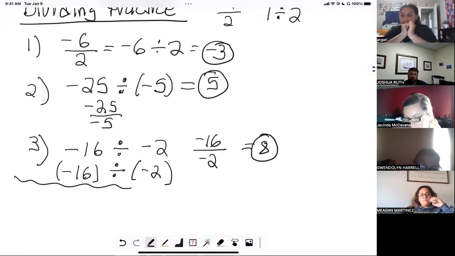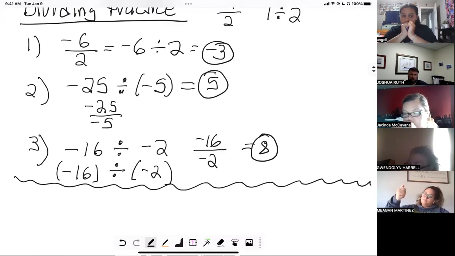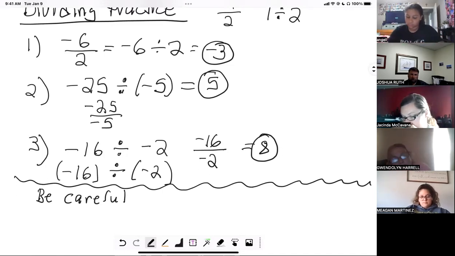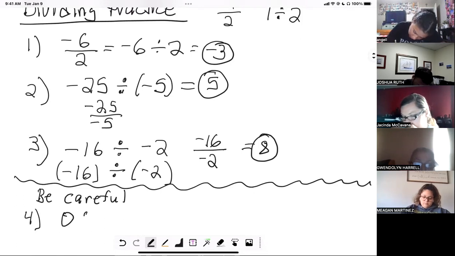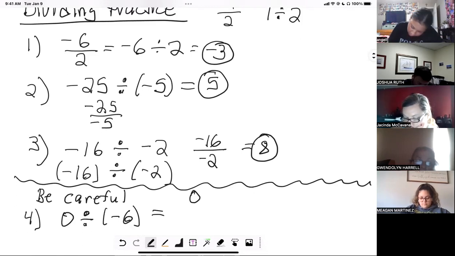Now, we talked about these already, but I want you to be very careful of these two. If I give you 0 divided by -6, or I could write it as 0 over -6, it's still dividing. The answer is 0.